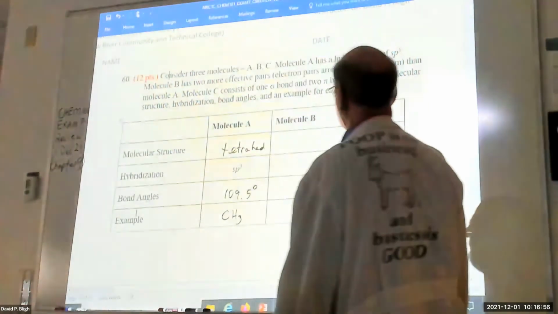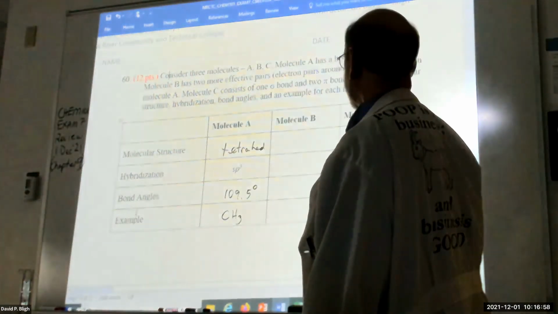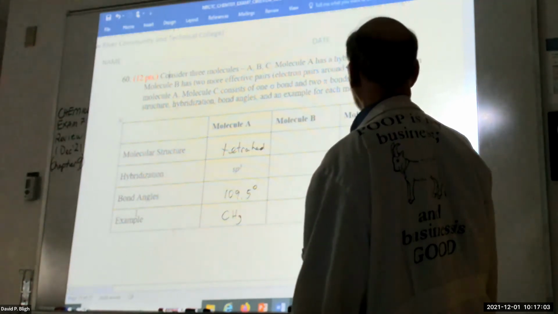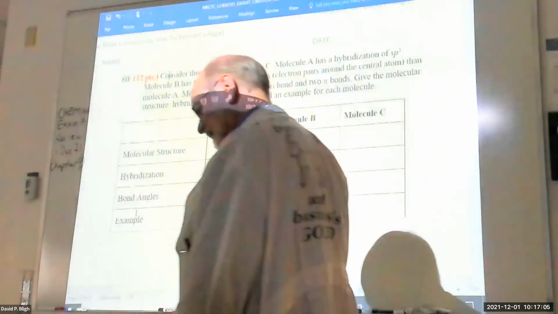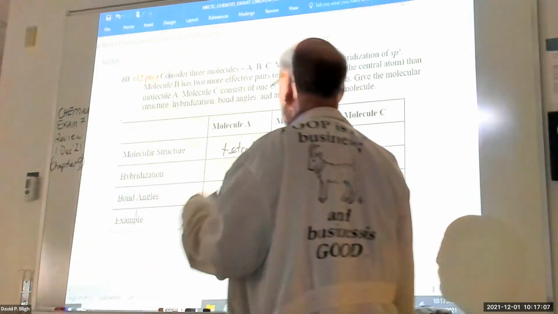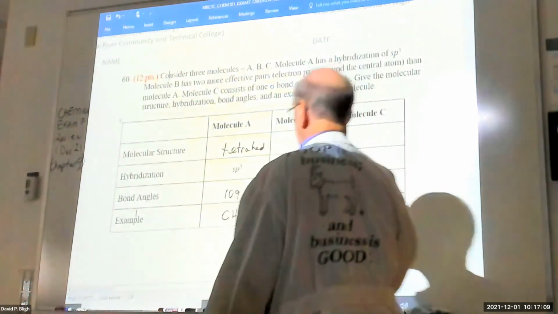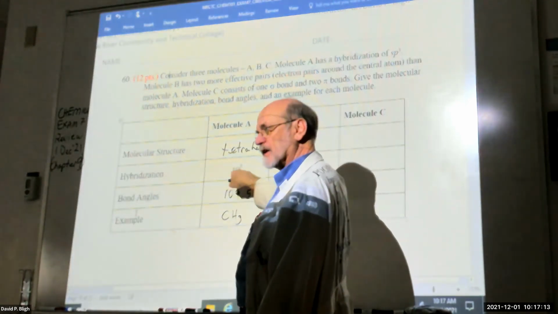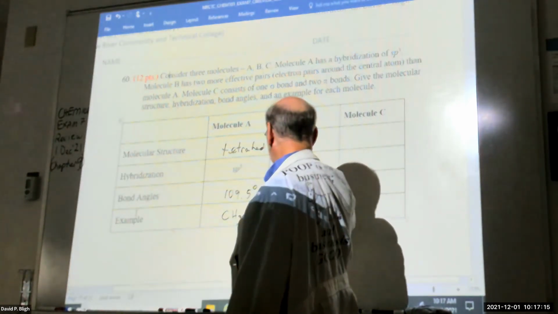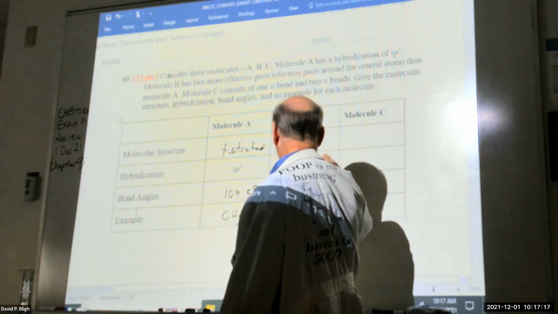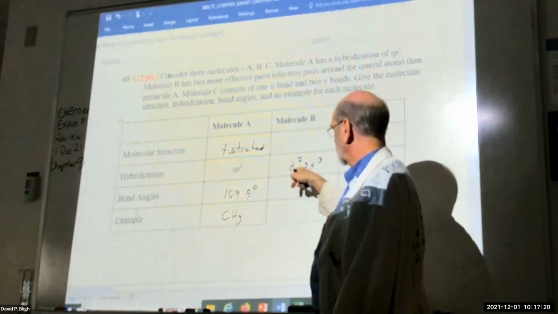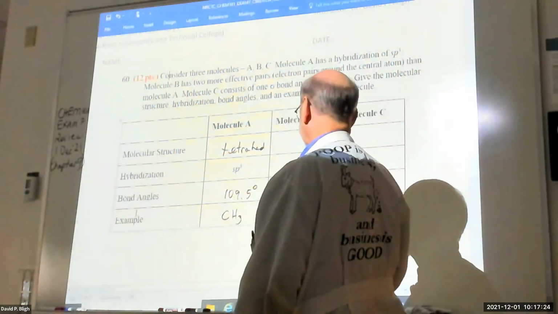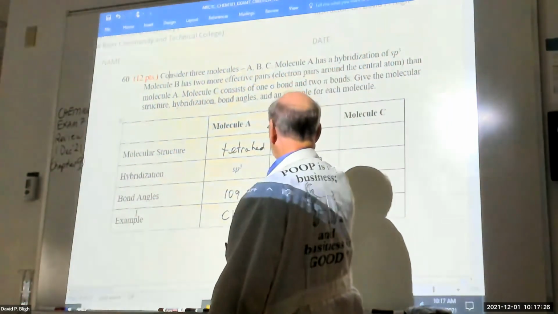Molecule B has two more effective electron pairs around the central atom than molecule A. It has two more pairs. If we've already got 4 pairs to give us sp3, then 2 more has to be d2sp3. 2 pairs need 2 more orbitals. So this would be octahedral.